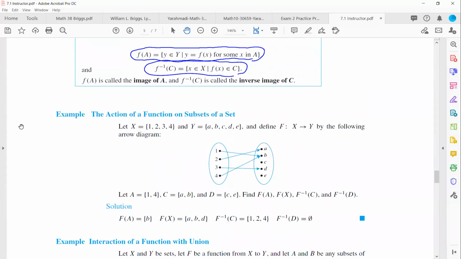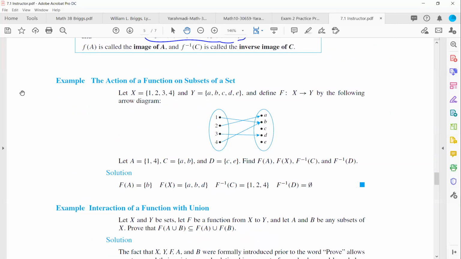Let's take a look at one example, the action of a function on a subset of a set. Suppose X is {1, 2, 3, 4}, Y is {a, b, c, d, e}, and you define a function like this. We use arrows to define this function.